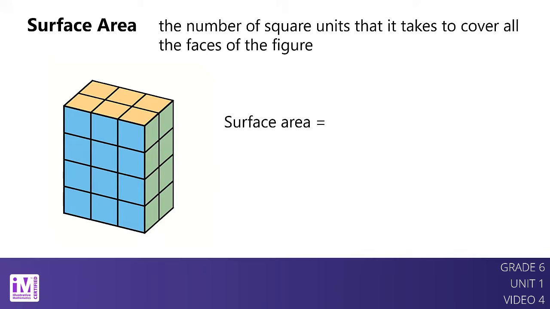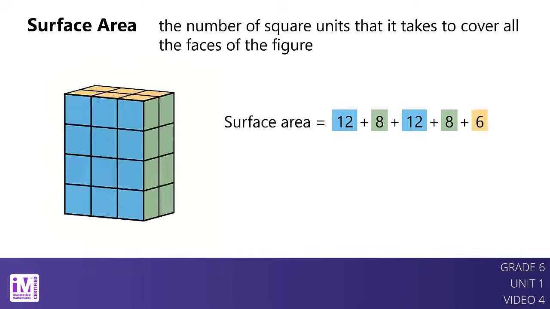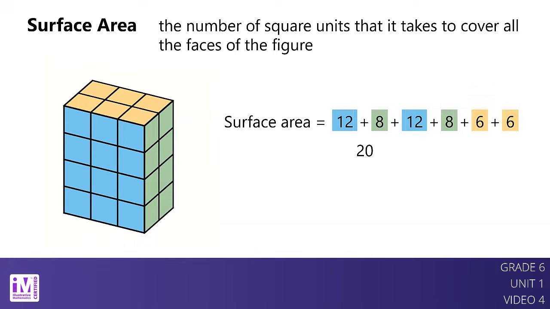The surface area of the prism is the total of the areas of these 6 rectangular faces. So the surface area of this rectangular prism is 52 square units.